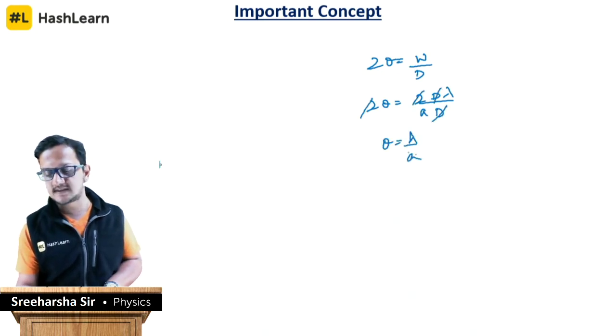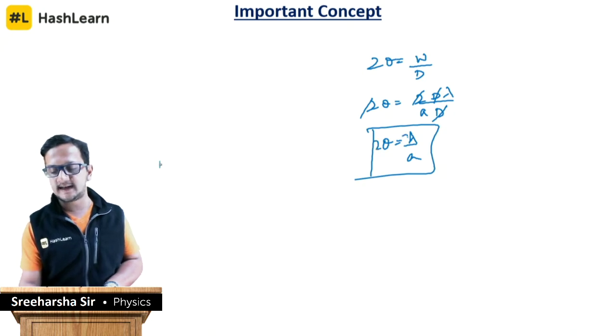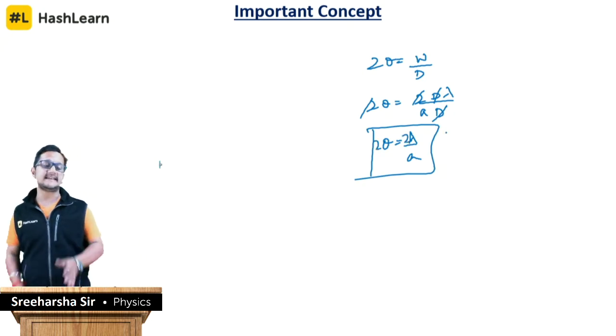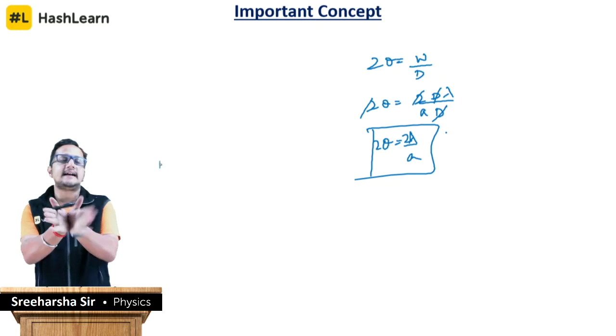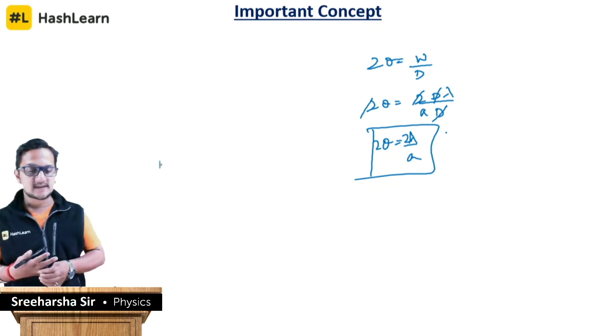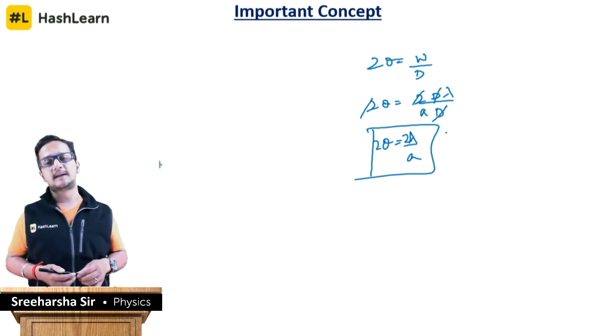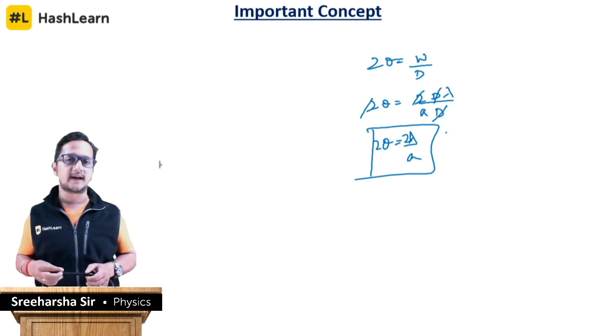So theta equals lambda by a, or 2 theta equals 2 lambda by a is the angle created at the slit. So this was the width of the central bright maxima, which is very important for numerical problems.